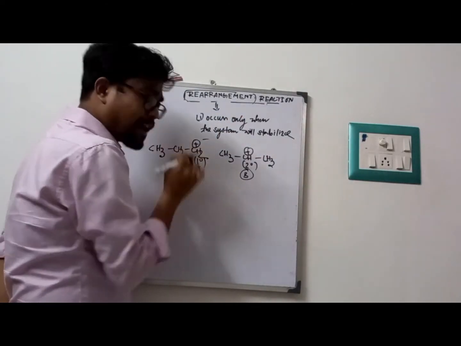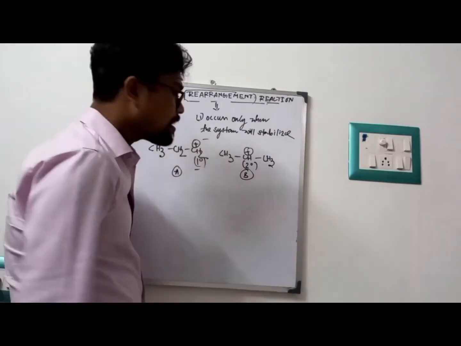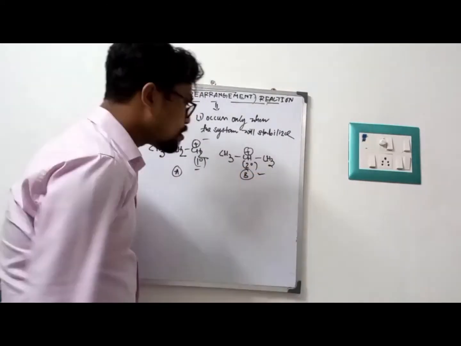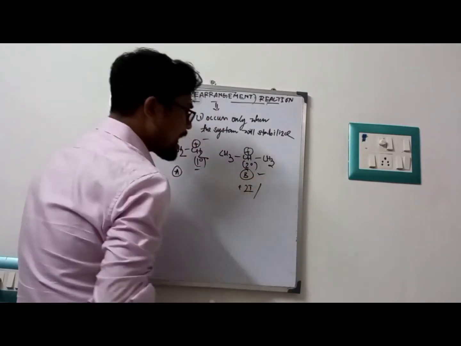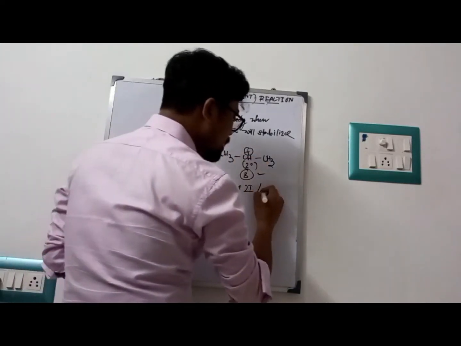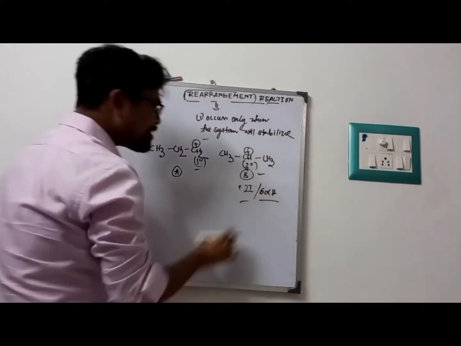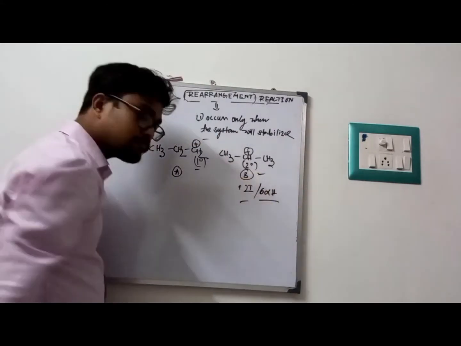If any carbon is attached with 2 hydrogens, that is 1 degree or primary, and the other is secondary. We know the secondary has 2 plus I effect as well as 3 alpha hydrogens, so it becomes more stable.